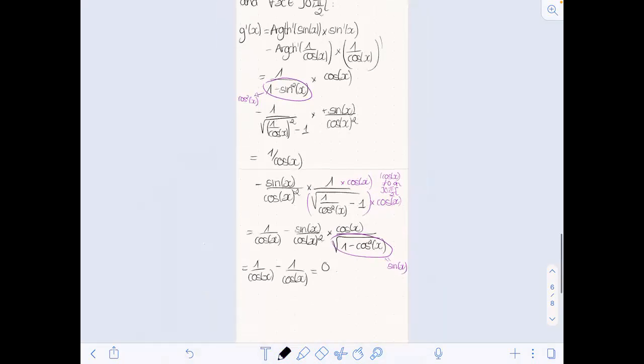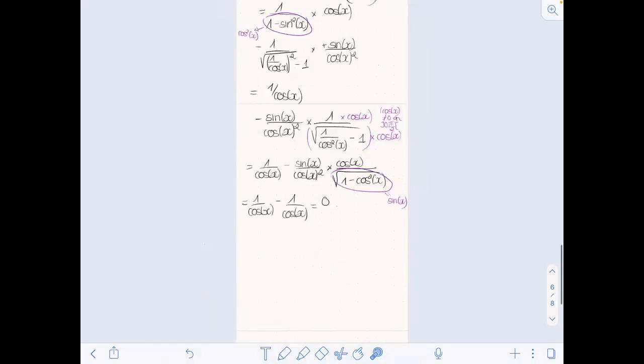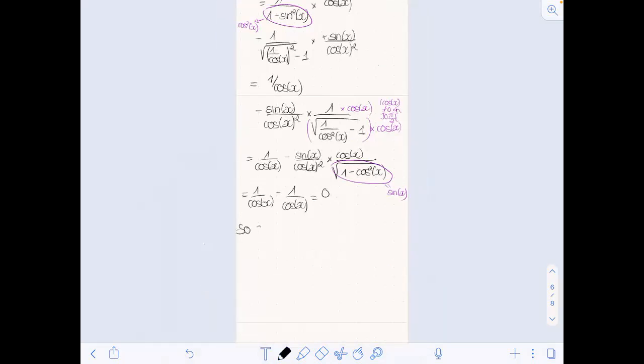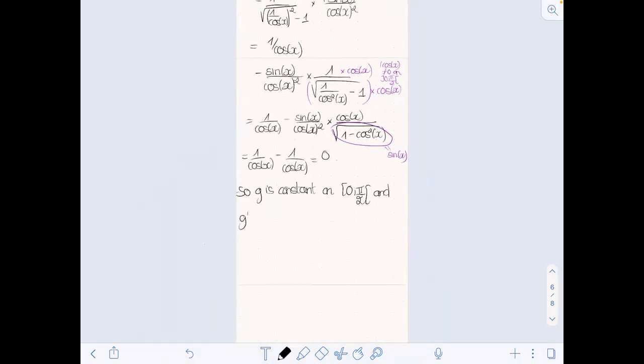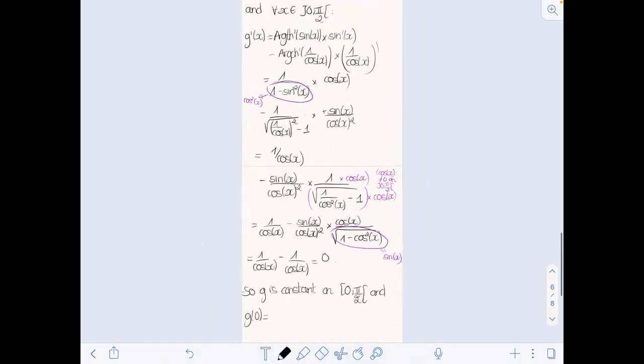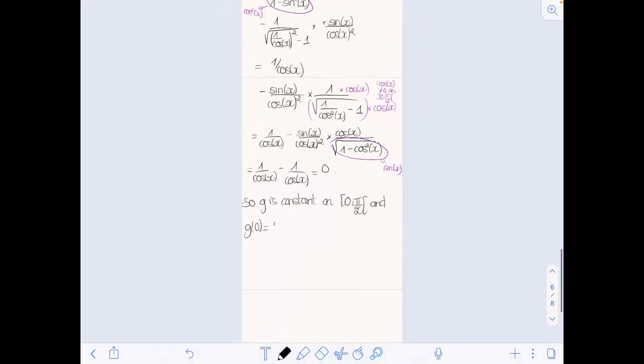We know that the derivative is equal to 0 on this. So g is constant on 0 pi over 2. And g of 0 is equal to arcth applied to 0 minus arcch of 1, and that's 0.